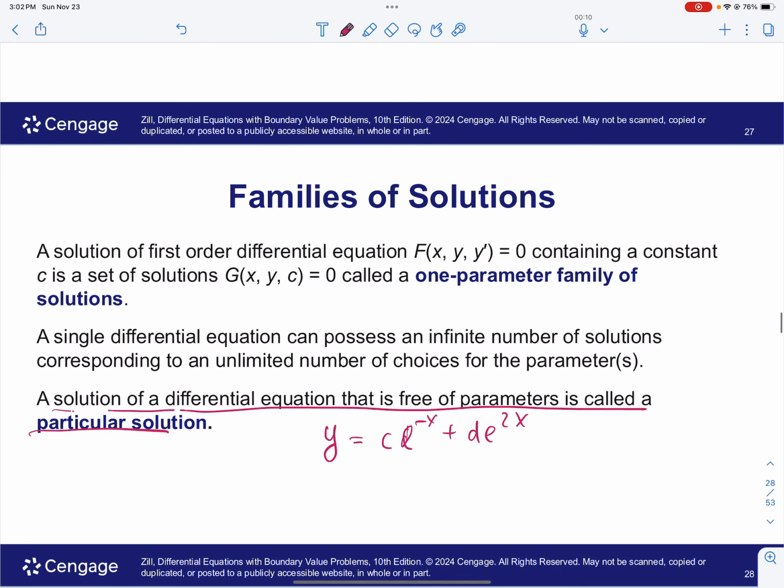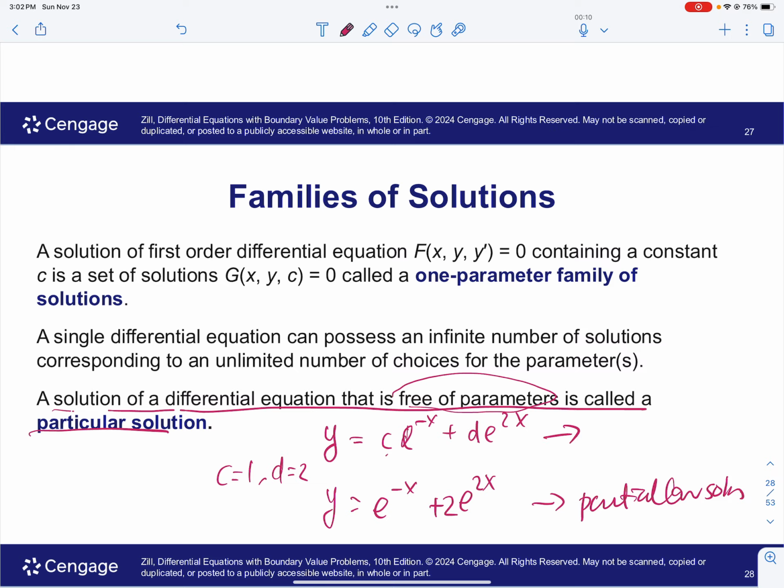A particular solution means we do not want the parameters. What are the parameters? C and D. You can choose C equal to 1, D equal to 2. Choose whatever, yeah? So e to the negative x plus e to the 2x, this will be called a particular solution.